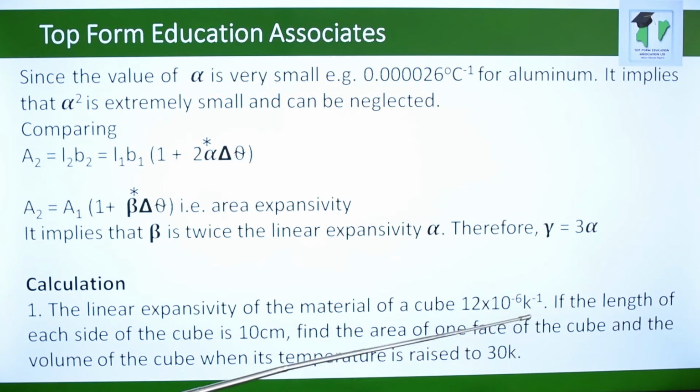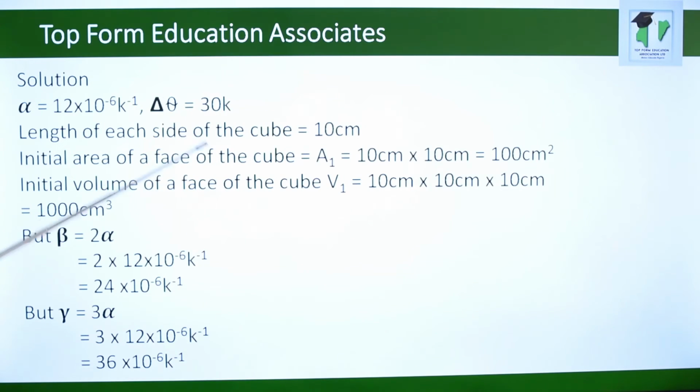You understand? So the length of each side of the cube is 10 cm, and we are to find the area of one face of the cube and the volume of the cube when its temperature is raised to 30 Kelvin. So the change in temperature here is 30 Kelvin. Then the length of each side of the cube is 10 cm, from what we have in that question. So the initial area of one face of the cube will be A1.